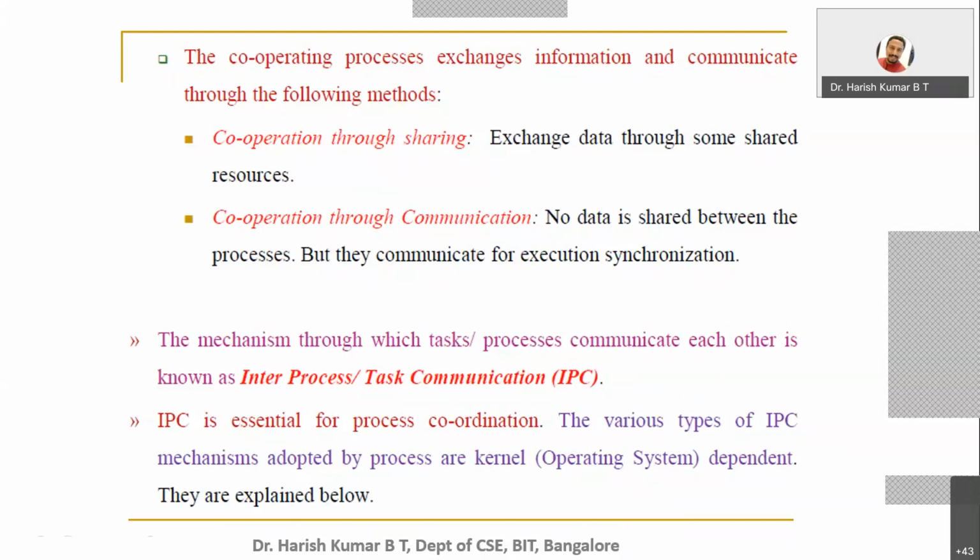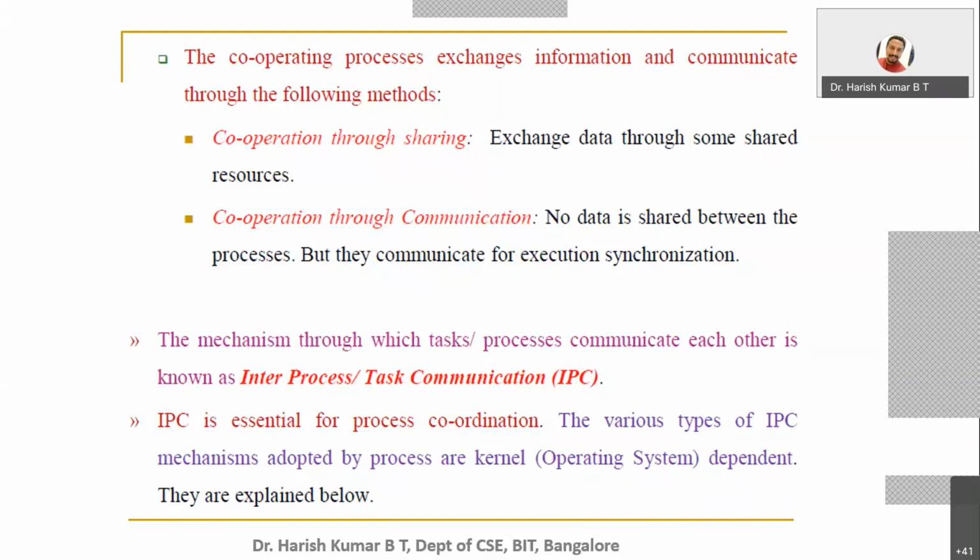Why? Because when a resource is shared by multiple processes, you require controlled access to that resource. When a process is accessing the shared resource right now, we should not allow any other process to access it until this process, which is currently using the shared resource, releases it. So this kind of synchronized access to the shared resource is necessary.